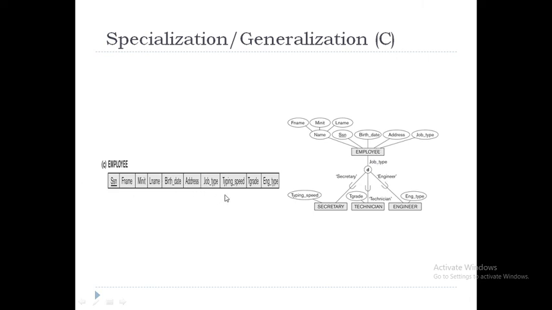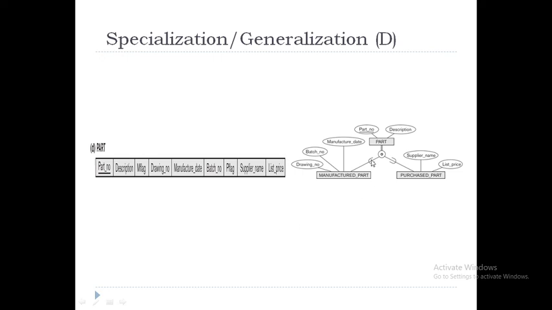Based on job type we decide whether the employee is a secretary, technician or an engineer. So we have one separate attribute for that, and here we have typing speed, then technician grade and engineering type. So everything is included in a single relation.